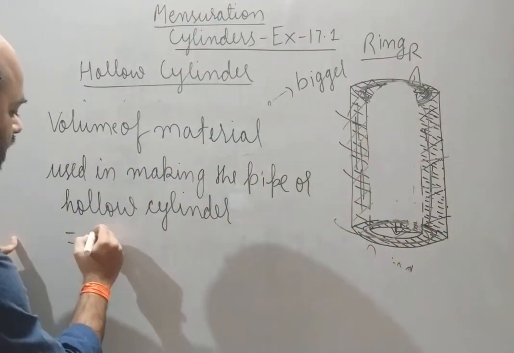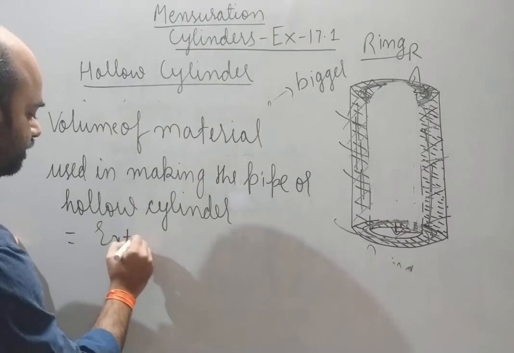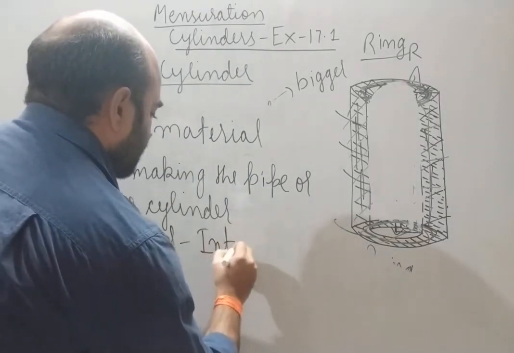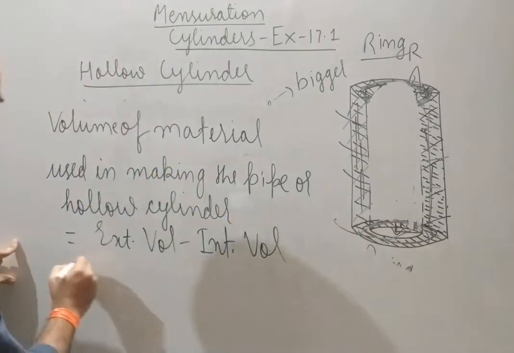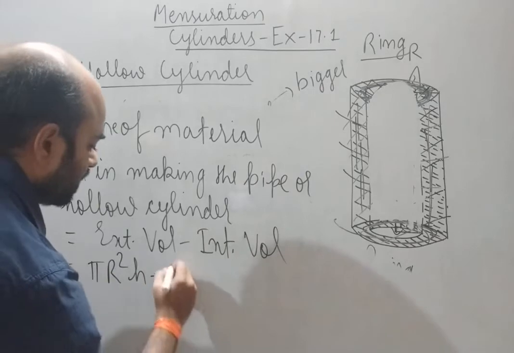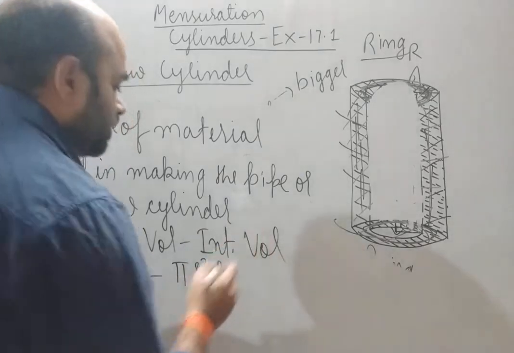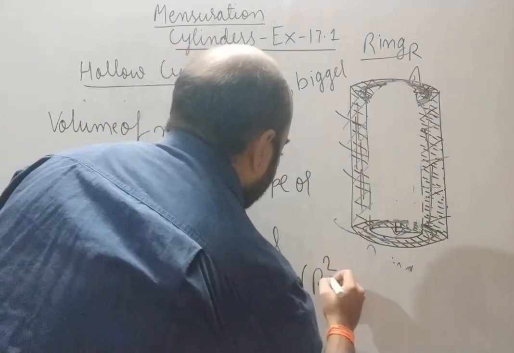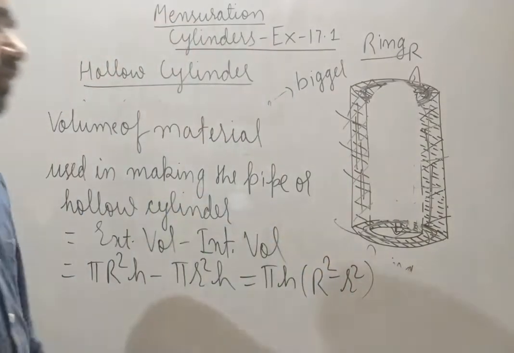It means external volume minus internal volume. External volume means pi capital R square h, minus internal, pi small r square h. What is common? Pi and h are common. What is left? Capital R square minus small r square.